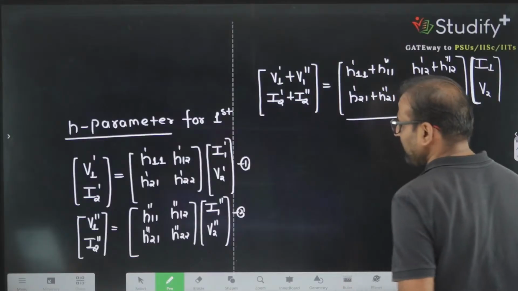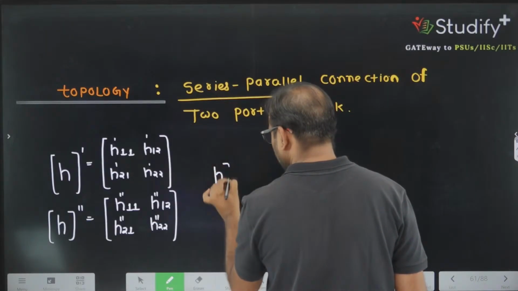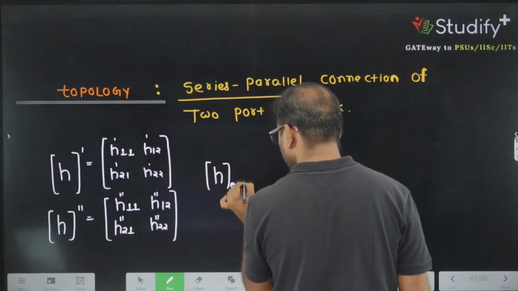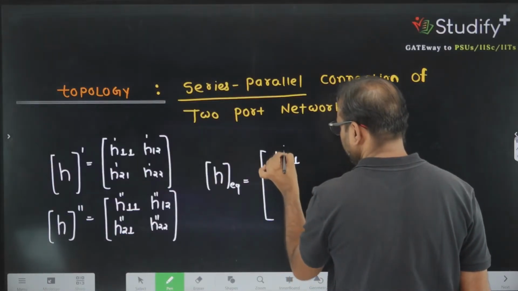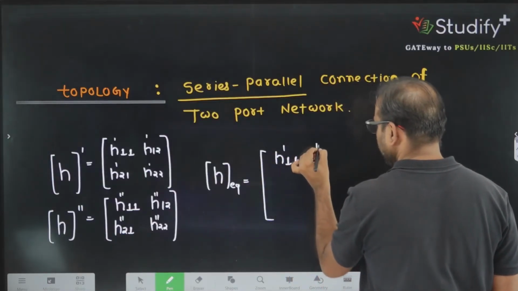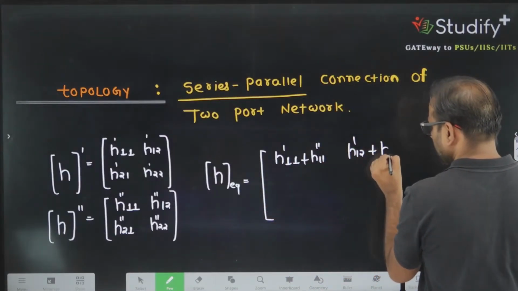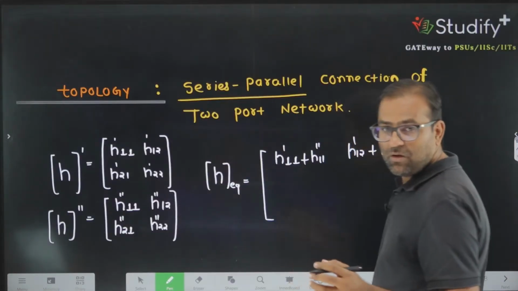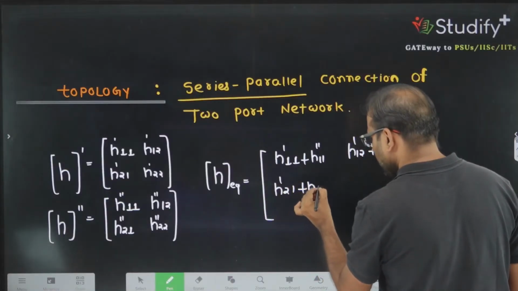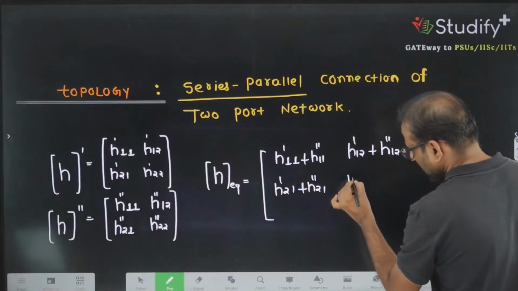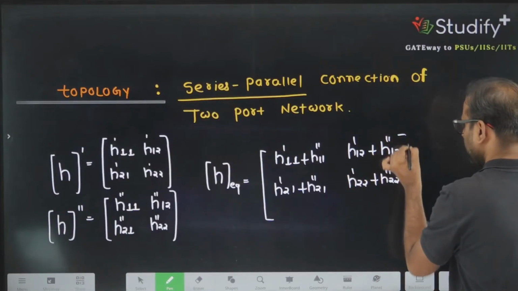So this is the equivalent parameter. The H equivalent is given by H11 prime plus H11 double prime, H12 prime plus H12 double prime, H21 prime plus H21 double prime, H22 prime plus H22 double prime.